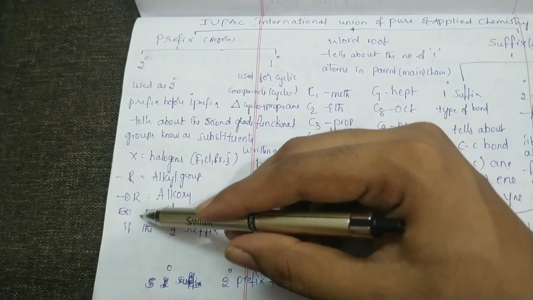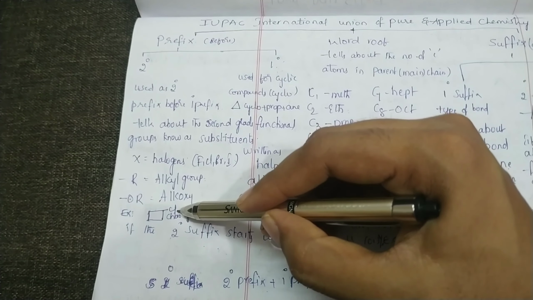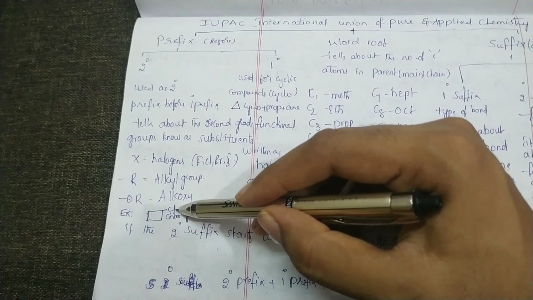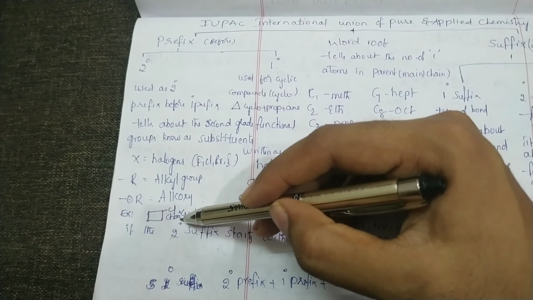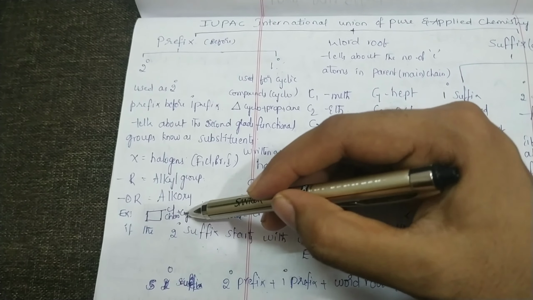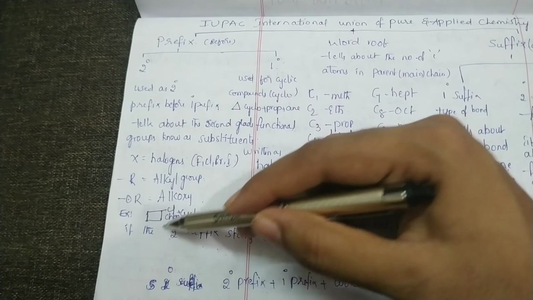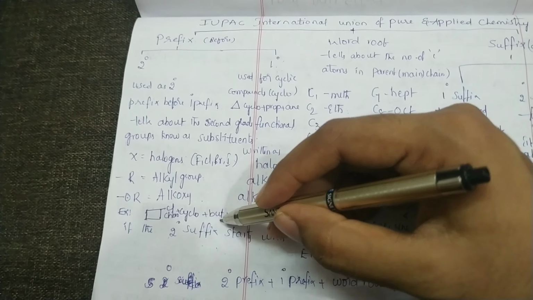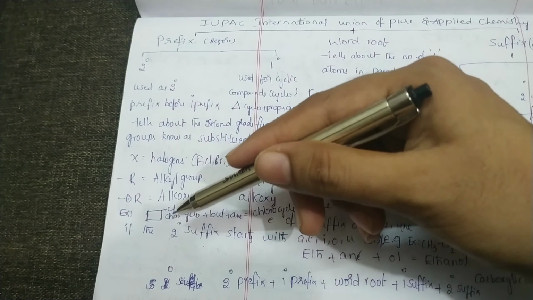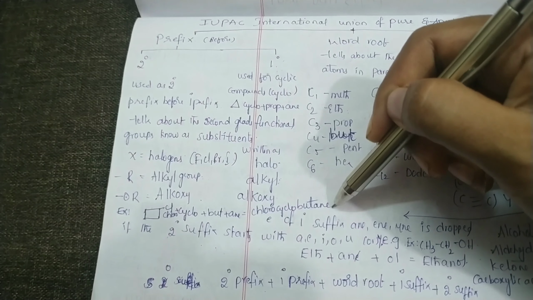Take one example. In this compound, chlorine is present, so it is a substituent. First we write chloro. Then this is a cyclic compound, so we write cyclo. How many carbons? 4 carbons means but. Single bond means ane. Then we write chlorocyclobutane.